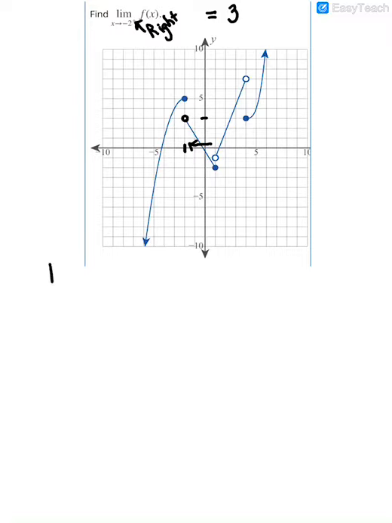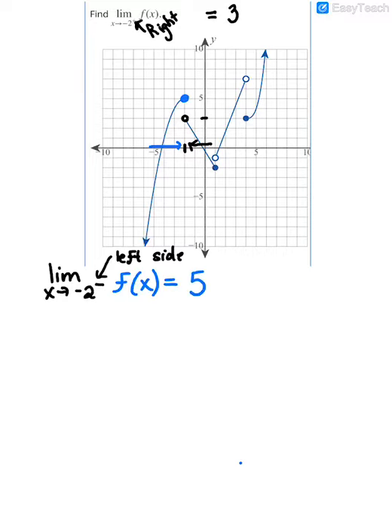Now, if we use the same thing, but this time we're looking at x approaching negative 2 from the left side. Notice when they put a minus here, that is indicating that you are looking from the left side. So as I come in from the left side, coming into negative 2, the point is up here at a y value of 5. So the limit of this function approaching negative 2 from the left side has a value of 5.